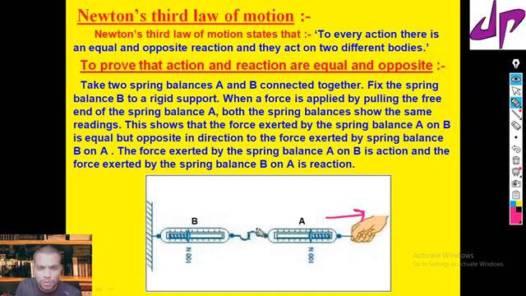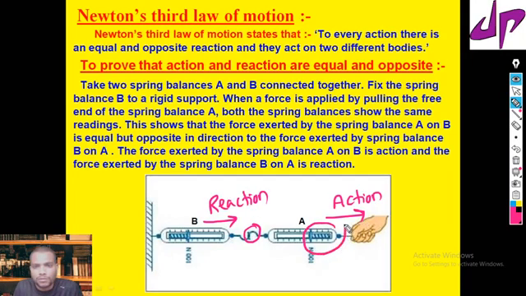Since they are joined here, this spring also will be moved in this direction. If I consider this is my action and this is reaction, and how much force I pull, here it is, the force is 100 newtons, the same force also acts here.